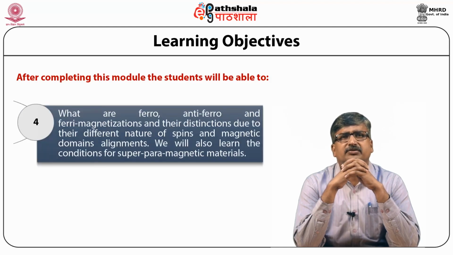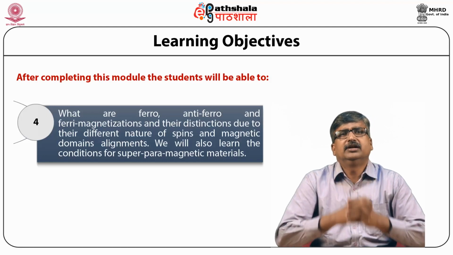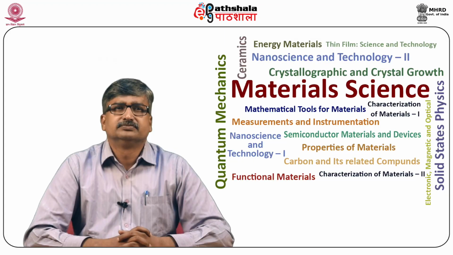What are ferro, antiferro, and ferrimagnetization and their distinction due to their different nature of spin and magnetic domain alignment? We will also learn the condition for superparamagnetic material.